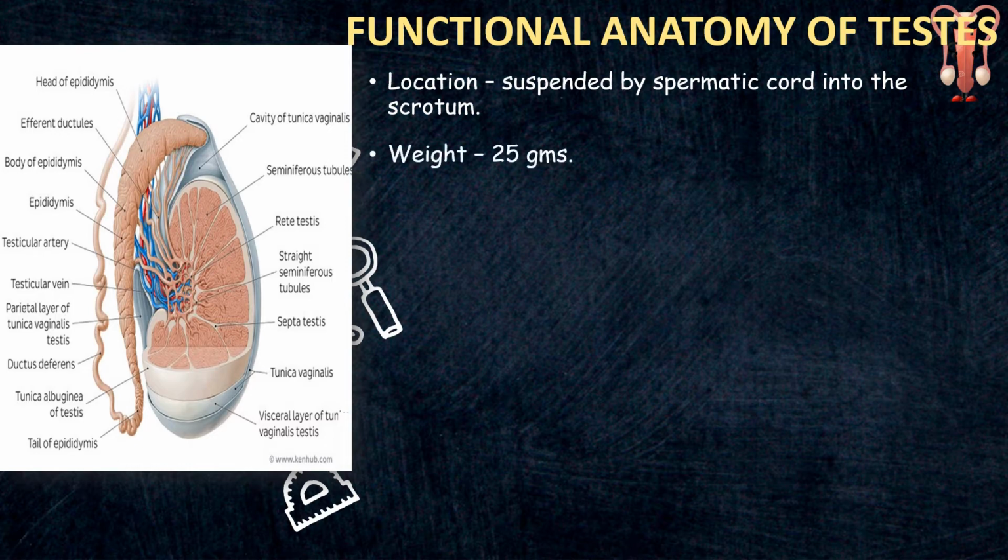That is why the testis lies outside our body. In an adult male, the average weight of each testis is around 25 grams, and around 90% of the volume of the testis is because of the presence of seminiferous tubules.